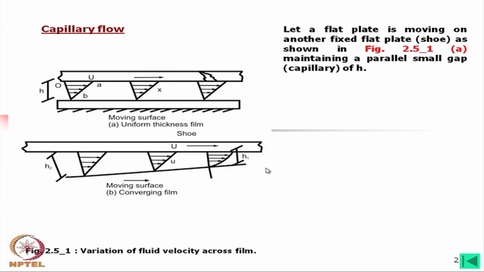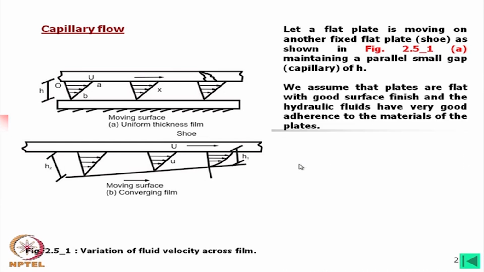Now, we assume that plates are flat with good surface finish and the hydraulic fluids have very good adherence to the materials of the plates. Now, if we think of one plate moving on the other and in between there is a fluid, then we may think that if perhaps there is slight roughness, the lubrication will be better.